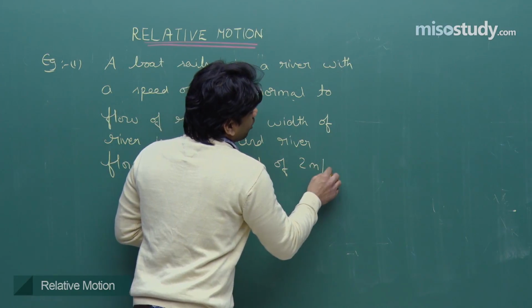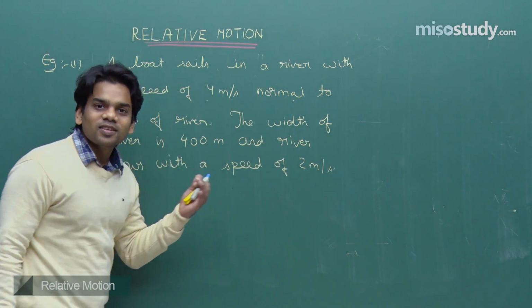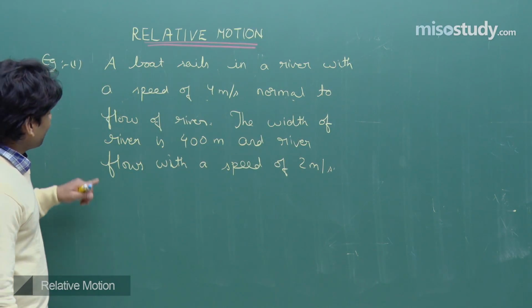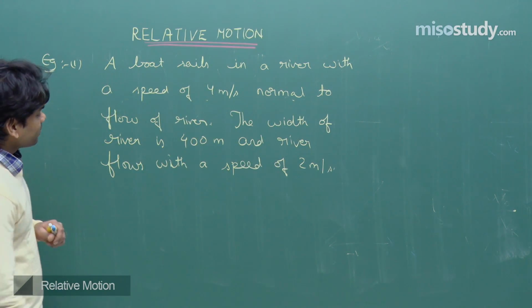We have to find out in how much time he will cross the river, that is, he will move from one point of the bank to the other bank. That is the time that we require.